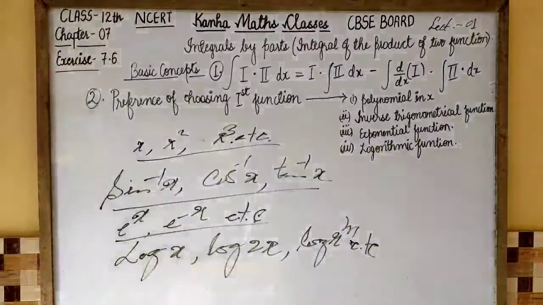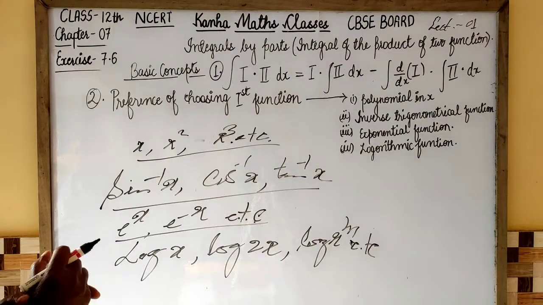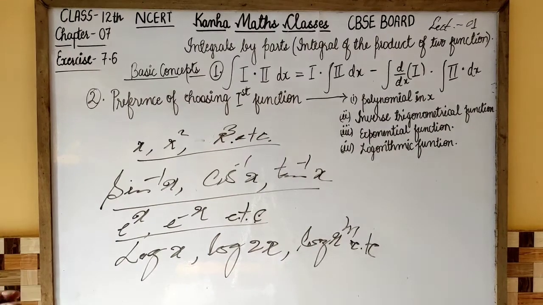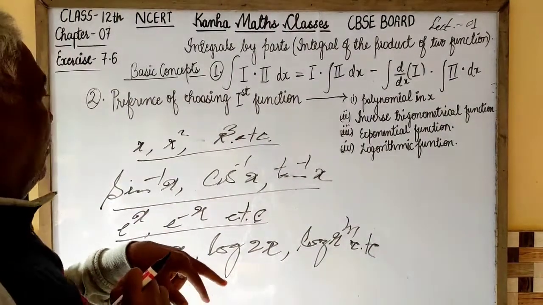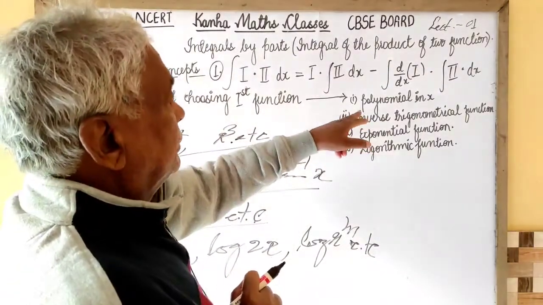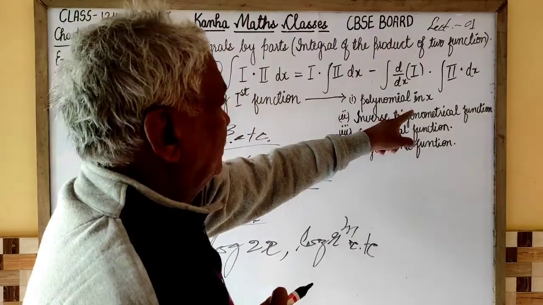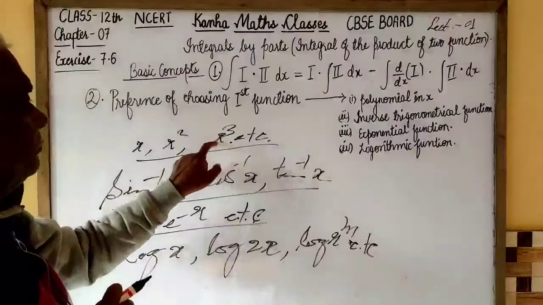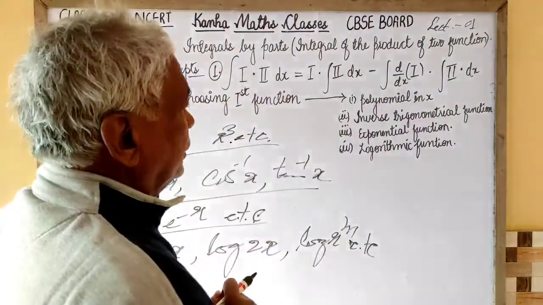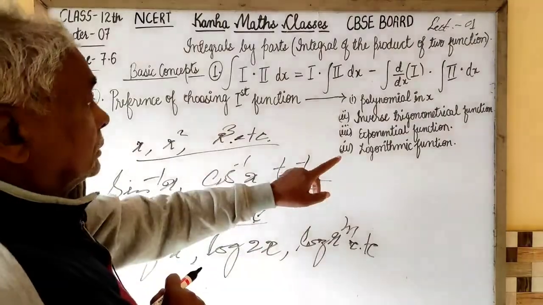I have explained to you an easier method of choosing the first function of the product of two functions, in preferential order. First of all, we choose the first function as a polynomial in x. Second option, inverse trigonometrical function: sin inverse x, cos inverse x, tan inverse x.